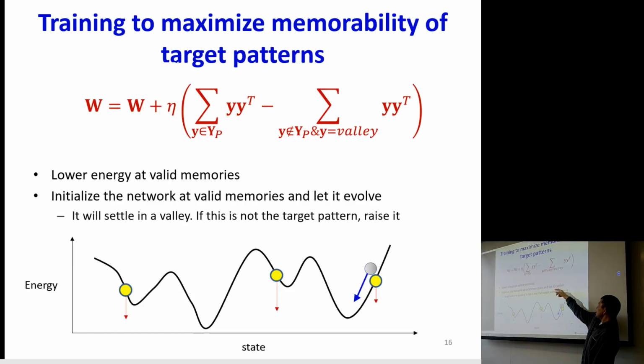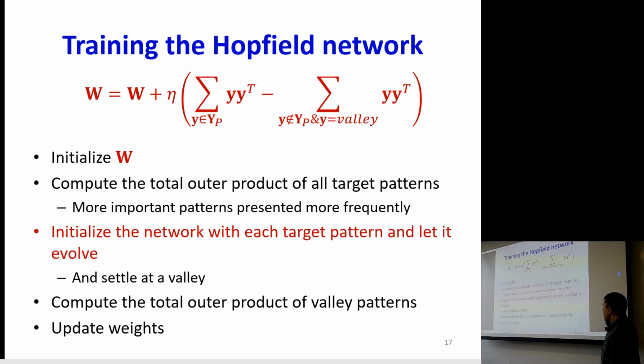Then your update rule is going to lower the energies at these points, and raise the energies at the valleys the network ended up in when you let it evolve from the memories that you really want to store. Again, this was very simple.